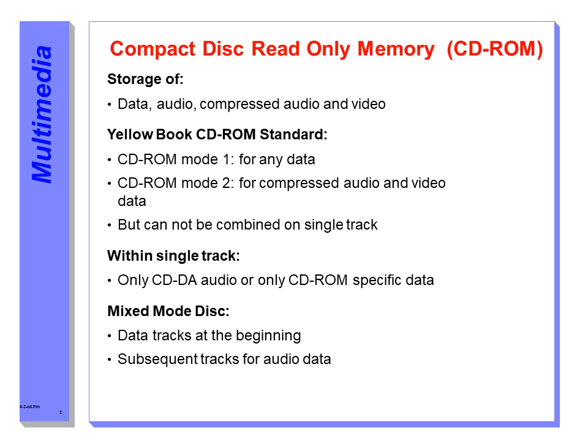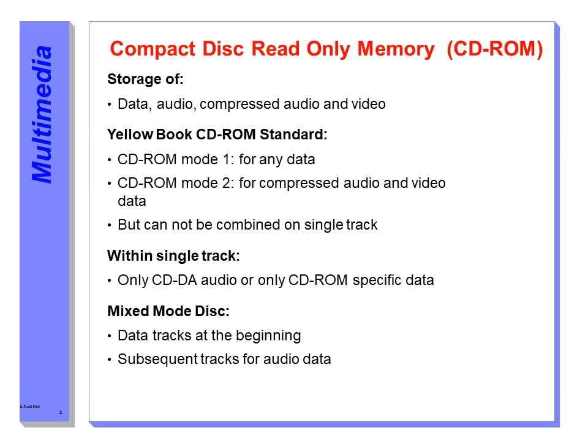Now let's see that the CD-ROM tracks are divided into audio as well as data type. So it is going to be storing data, audio, and also it's going to be containing compressed audio and compressed video. Each track may contain exclusively data of one type.